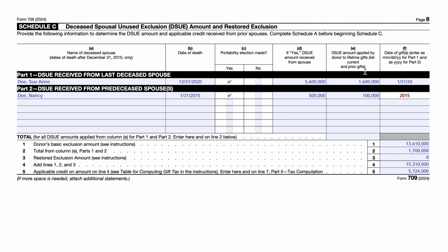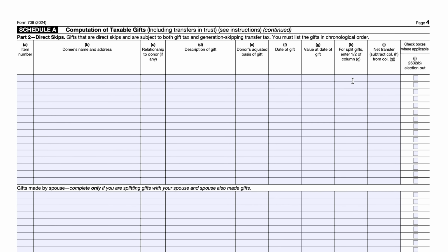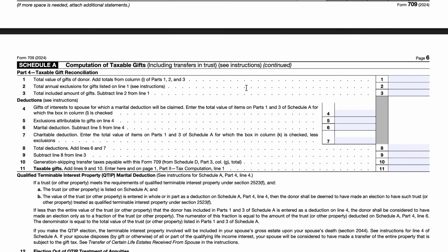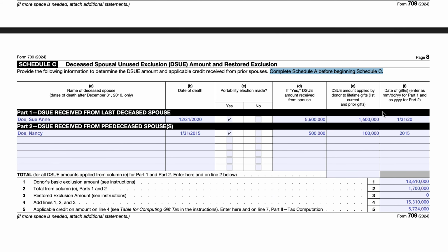You would have to do that calculation offline using the gifts reported in Schedule A. If we remember Schedule A, we have all of the different gifts in chronological order. We've already completed Schedule A, hypothetically speaking, and we're just determining how much of this unused exclusion we're applying to that.